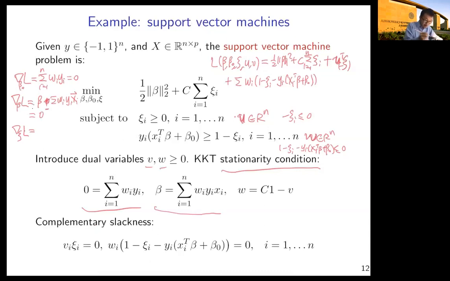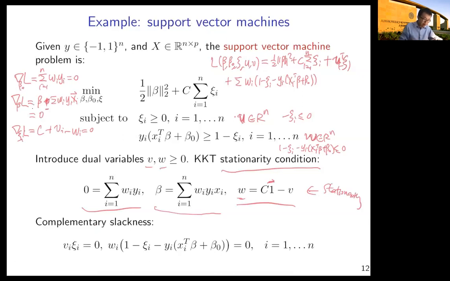Let's take it with respect to just one coordinate, which gives us C plus v_i minus w_i. Setting this to 0 gives us that w needs to satisfy w equals C times the vector 1 minus the vector v. All these come from stationarity.